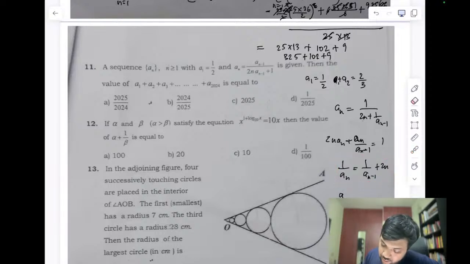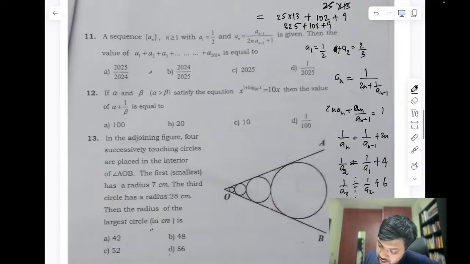So the correct way to do this could be, oh, but then you have to find out a1 plus a2 plus a3. So essentially, you can telescope this now. You can telescope 1 by a2 is equal to 1 by a1 plus 2, for n equal to 2, that's 4. And you can keep writing this, 1 by a3 is equal to 1 by a2 plus 6, for n equal to 3, and so on.